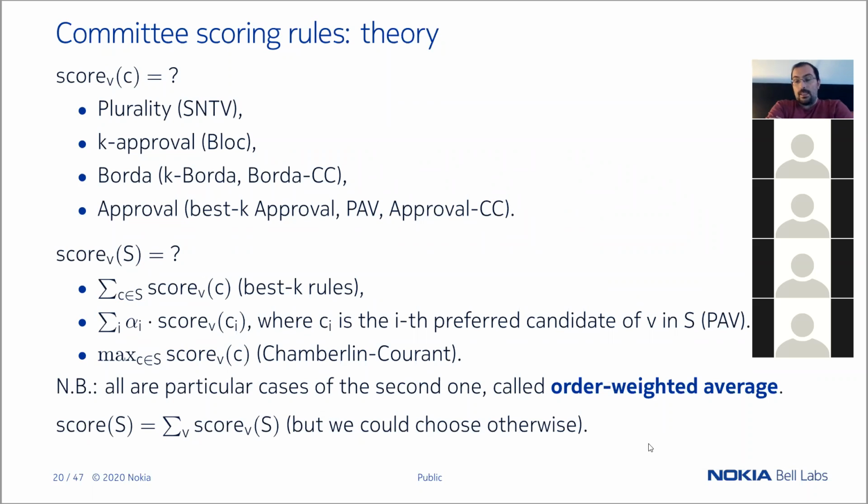For example, you can use an order-weighted average. So minimum corresponds to saying that you put a weight of 1 on the least happy voter and a weight of 0 on all the others. Utilitarianism means that you put a weight of 1 on everybody.